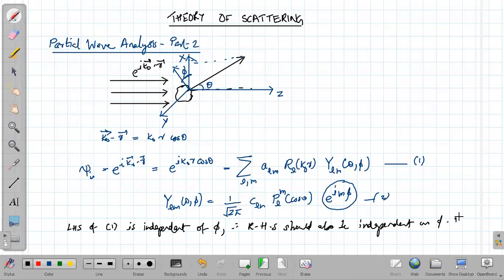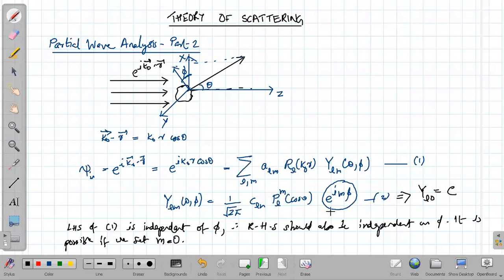It is possible if we set m equal to 0. So if we set m equal to 0, this becomes Y_l0(theta, phi). So in equation number 2, Y_l0 will be equal to some constants.